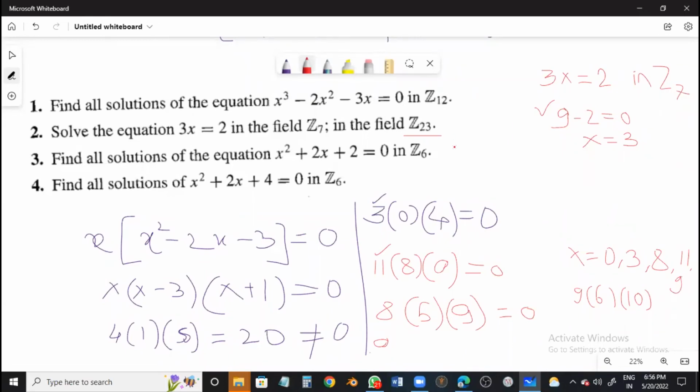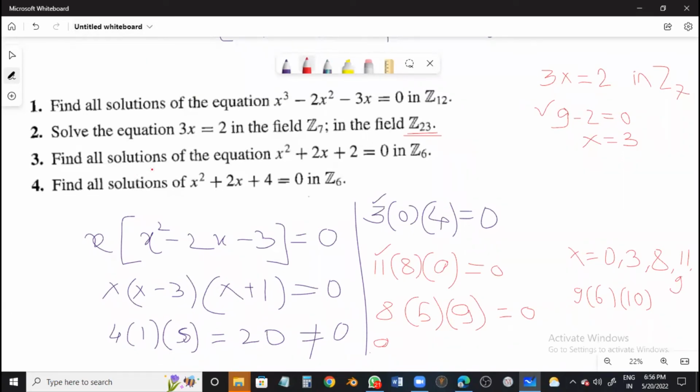I hope you'll try that way. As far as Z23 is concerned, I want an answer from you. So you will work for Z23 and the equation is 3x equal to 2. All right, so I think this is very interesting.